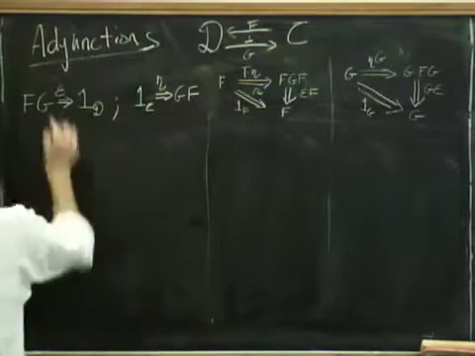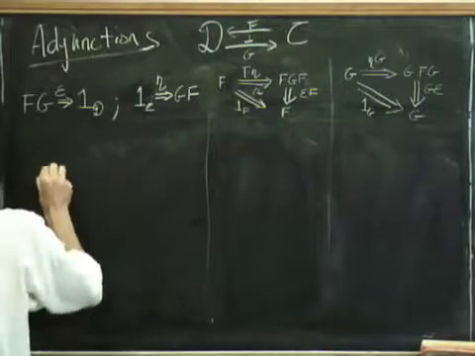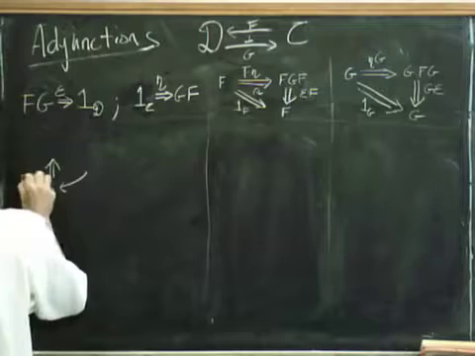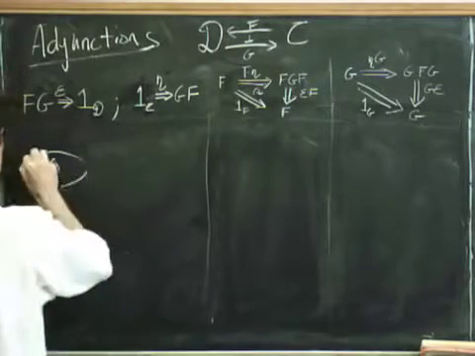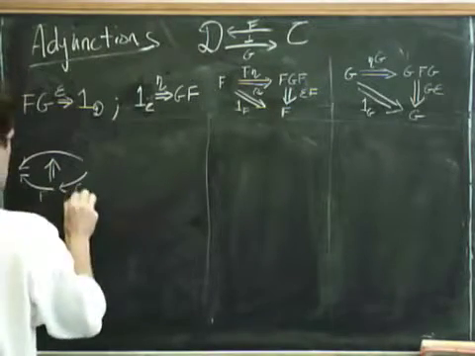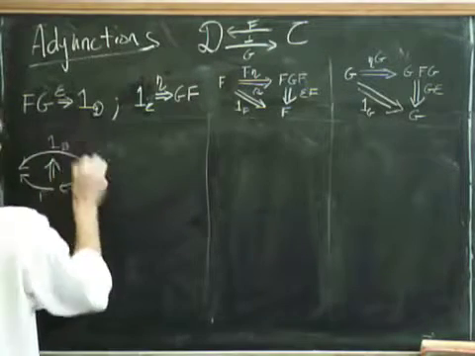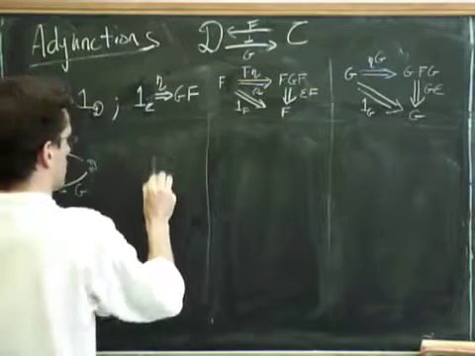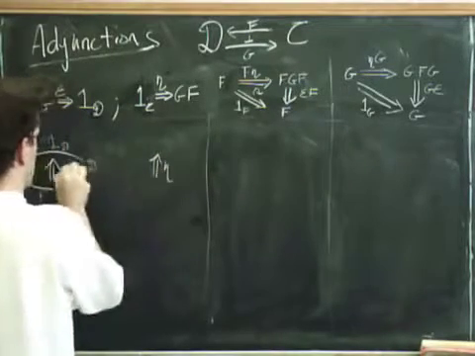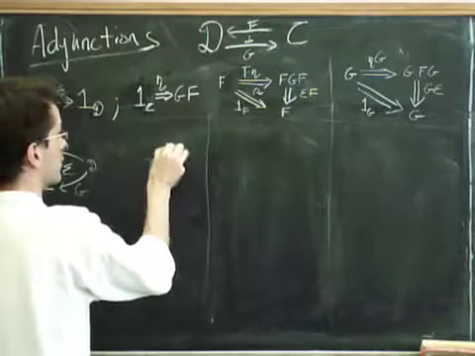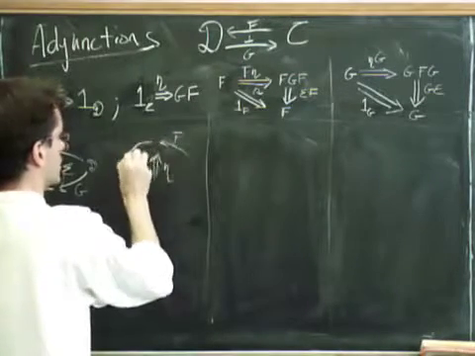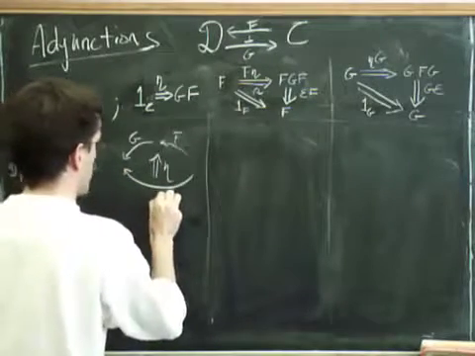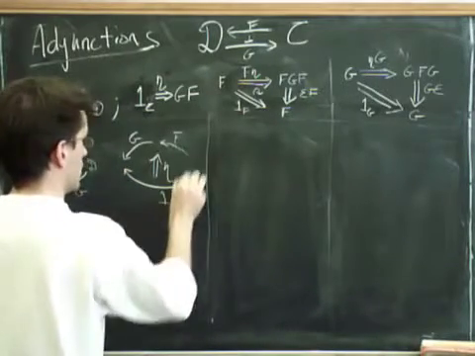So our epsilon is going to be a natural transformation from F after G to 1 on D, going from D to D. And similarly, eta is going to do F first, and then G, and it's coming from 1 on C.